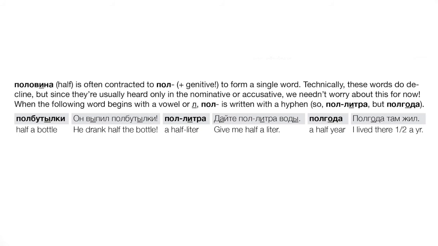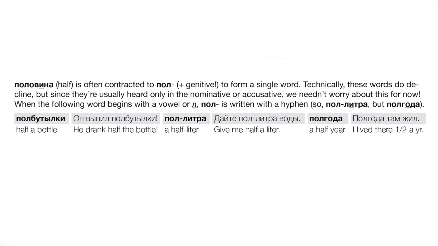Now note that because what we're literally saying here is something like half of a bottle, these forms often appear in the genitive, right? Even where, for example, он выпил полбутылки, of course, half a bottle is the direct object, but because we have this quantity idea baked into it, we don't usually get an accusative ending. We would keep it in the, again, what is basically a genitive ending.